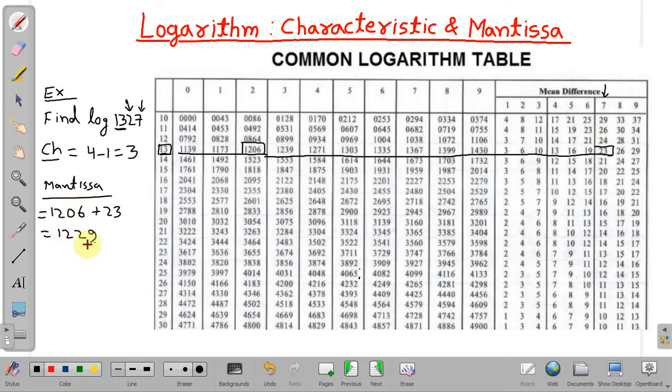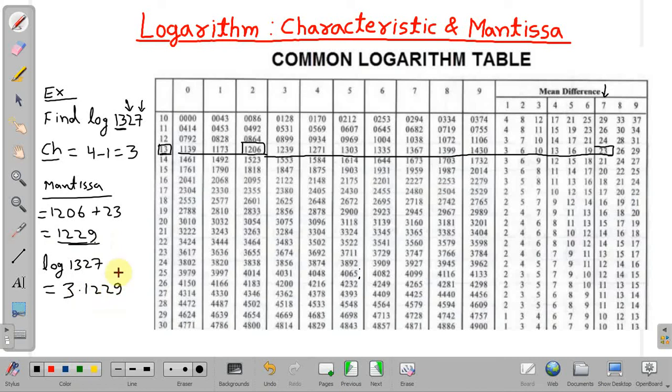So the mantissa is 1229 and the characteristic is 3. So can we now find the log of 1327? The characteristic is the integral part, so it is 3. And the mantissa is the decimal part of the log, so 3.1229. That is this mantissa. The mantissa is the decimal part. So the log of 1327 is 3.1229.